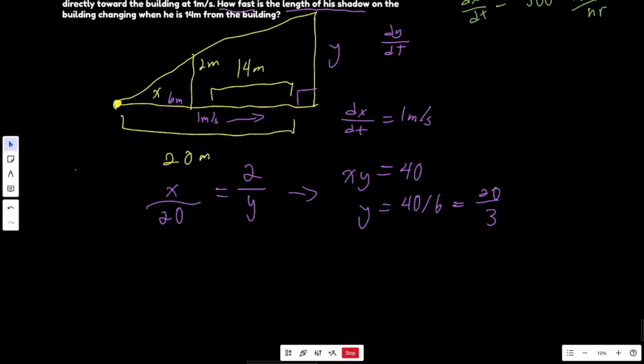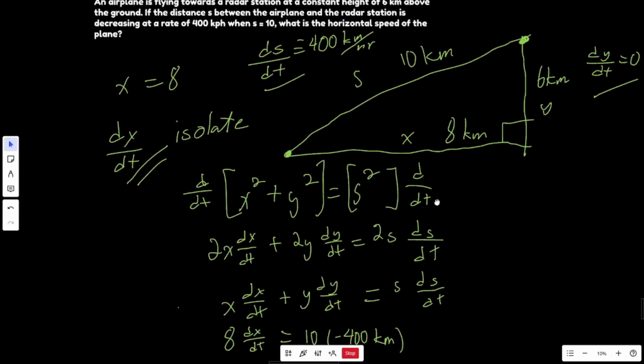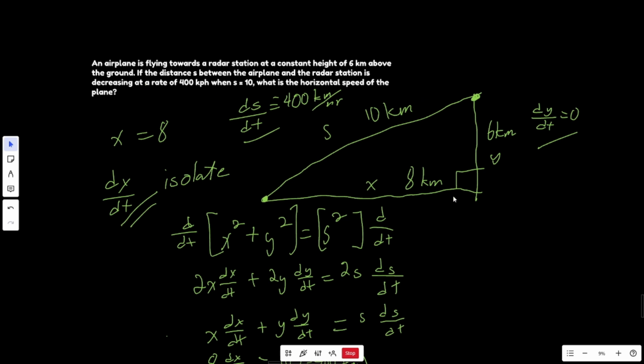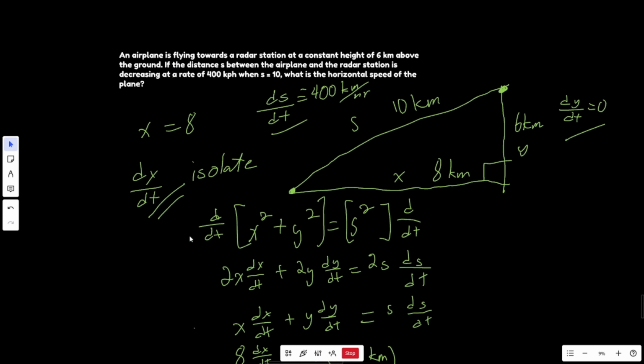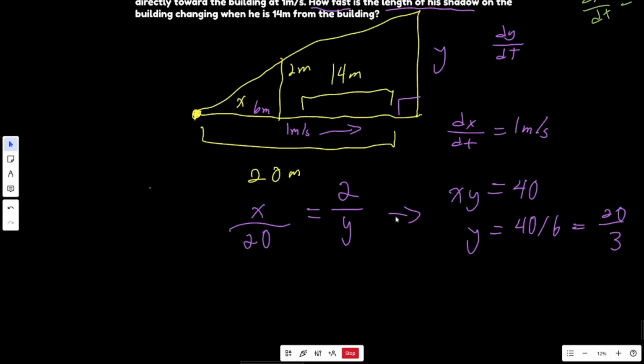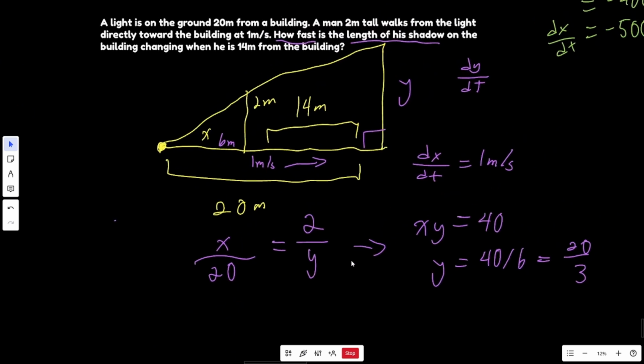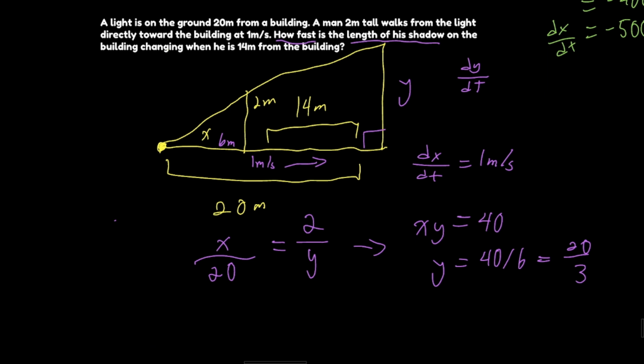Okay, so now similarly, just like how I said a while ago that as one value changes, the other one will change, thus related rates. The proportionality of these triangles are our basis for how we're going to be able to determine the speed of the change of the length of his shadow on the building.